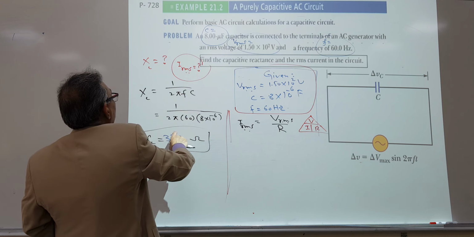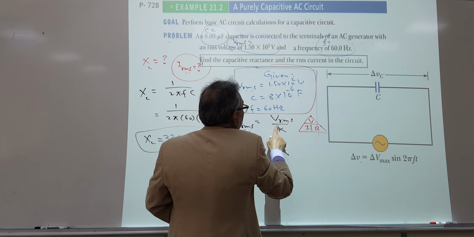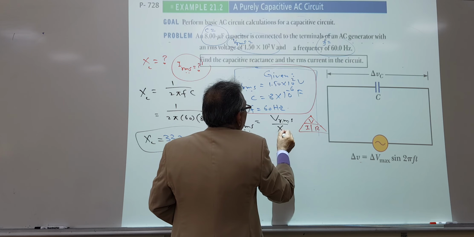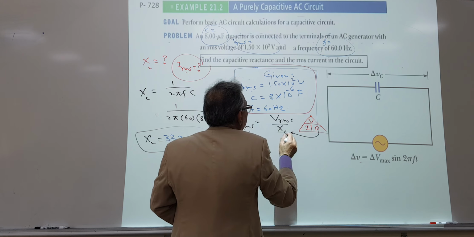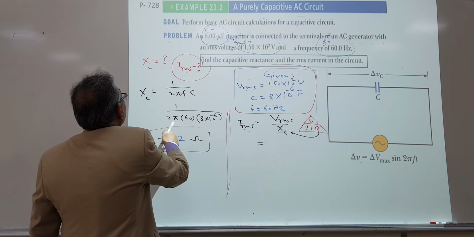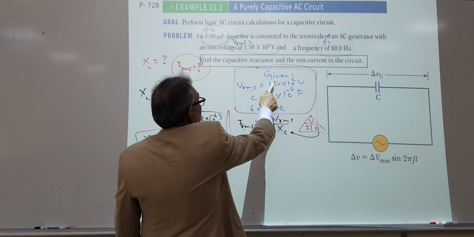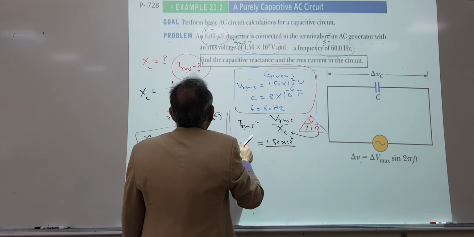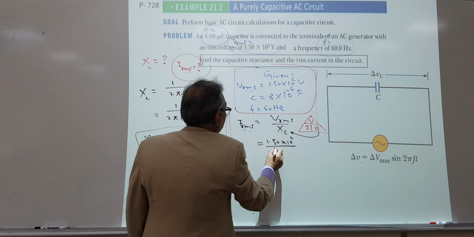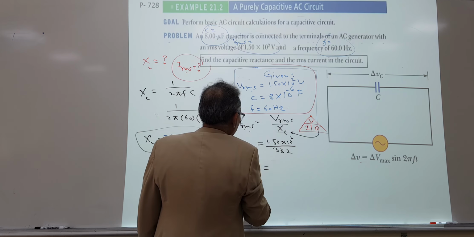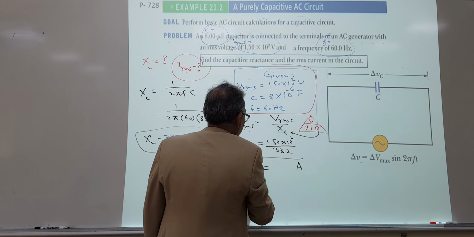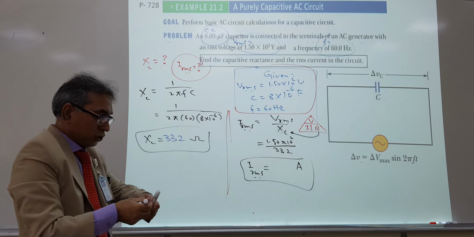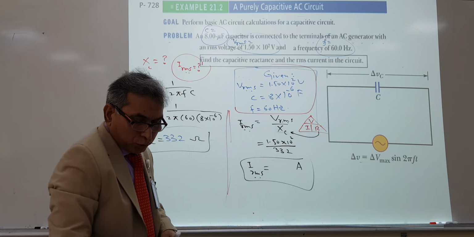We already named it Xc. So V RMS you have, Xc you just finished, so you get I RMS. How much? 0.452.